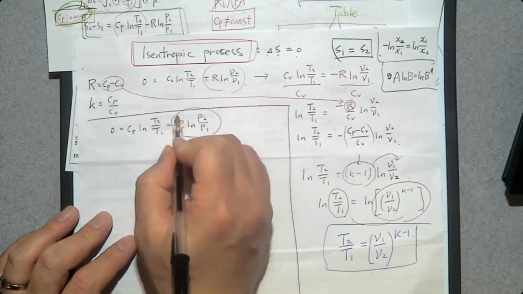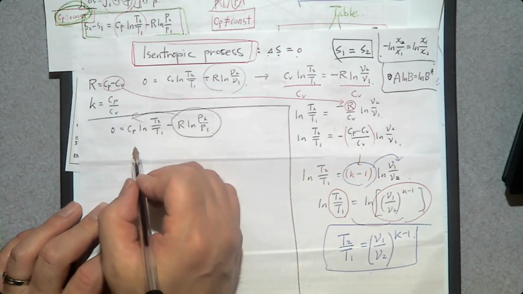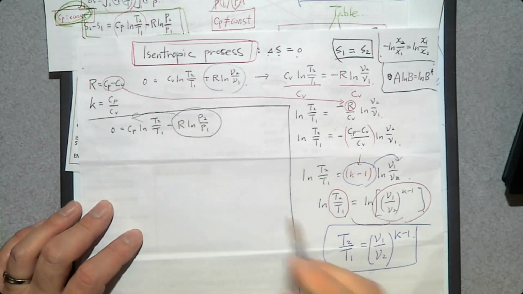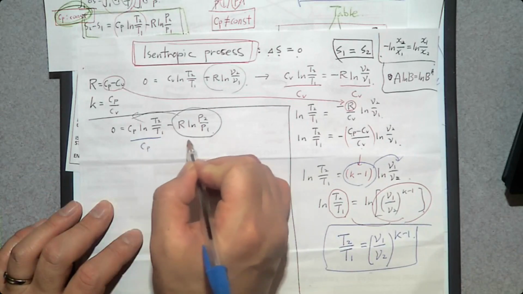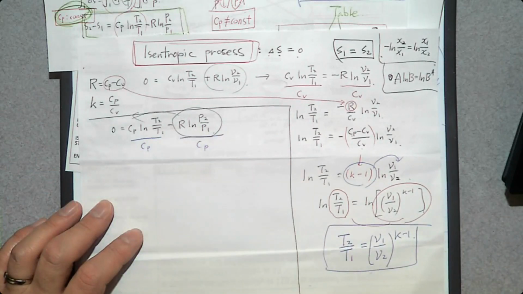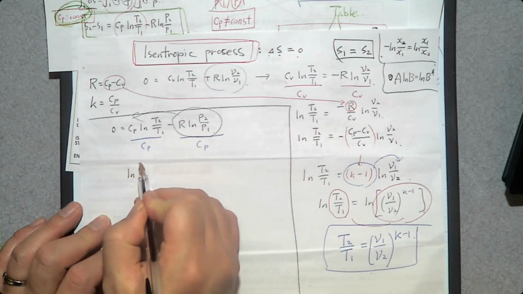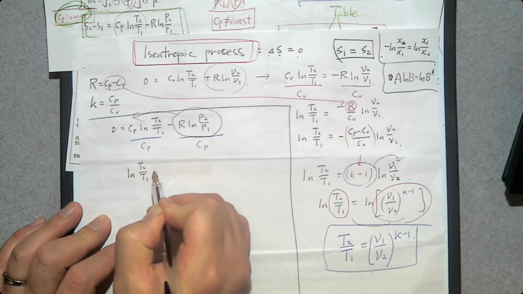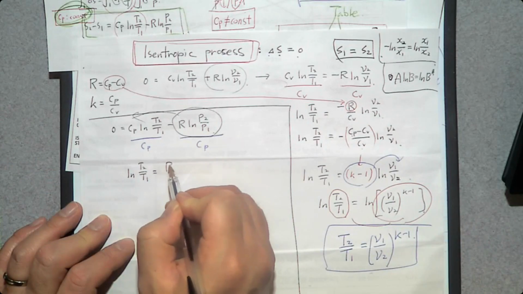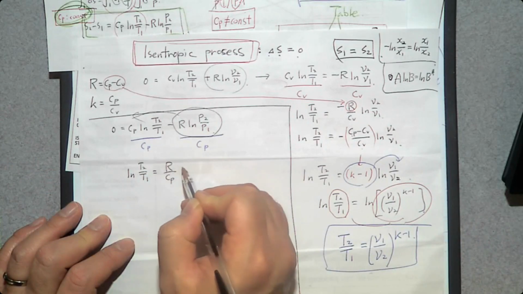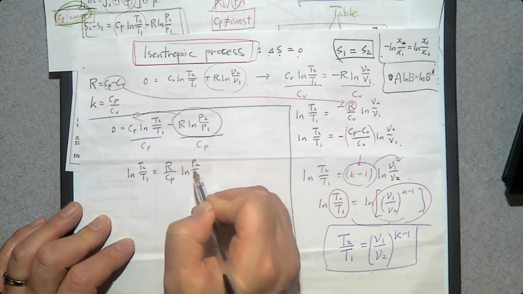We can move this one to the other side. Then divide by this, Cp. Then the equation becomes natural log T2 over T1 is going to be R over Cp natural log P2 over P1.